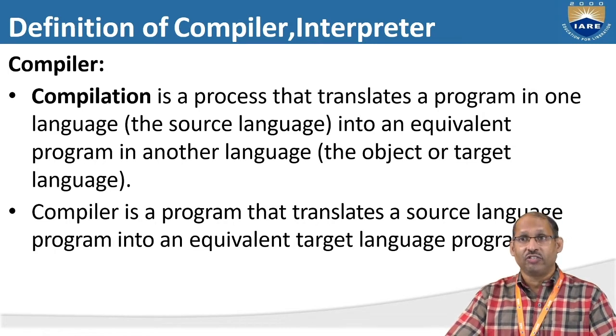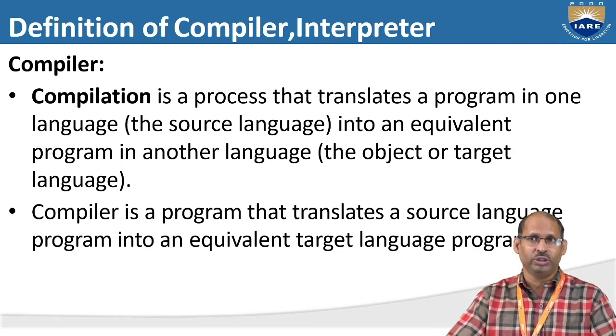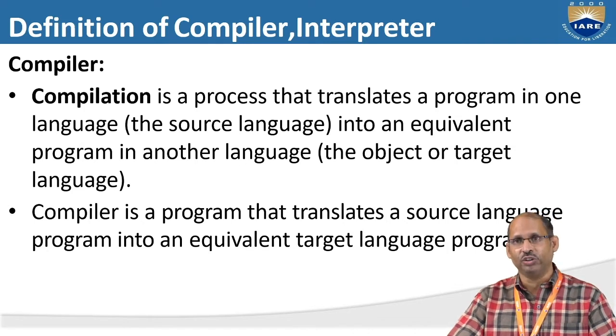Here, writing the programs in simple English is very easy. We can write down the code easily and we can find out the errors in that program also very easily. But the systems cannot understand these high level language programs.